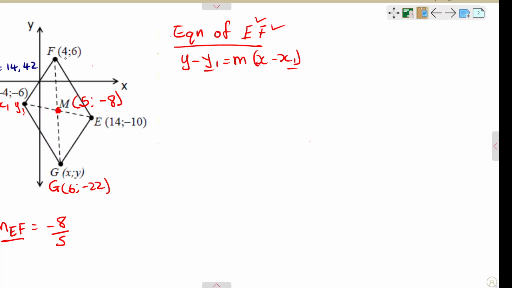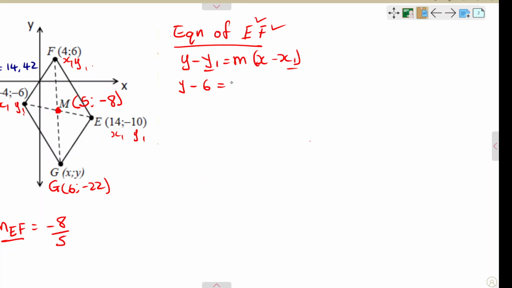So these are the coordinates of F, which is 4 and 6. These are the coordinates of E, which is 14 and negative 10. So you can take any of these, you'll get the same answer. So let me take the coordinates of F. I'm going to say y minus y1 will be 6, equals to, what's the gradient of this line?